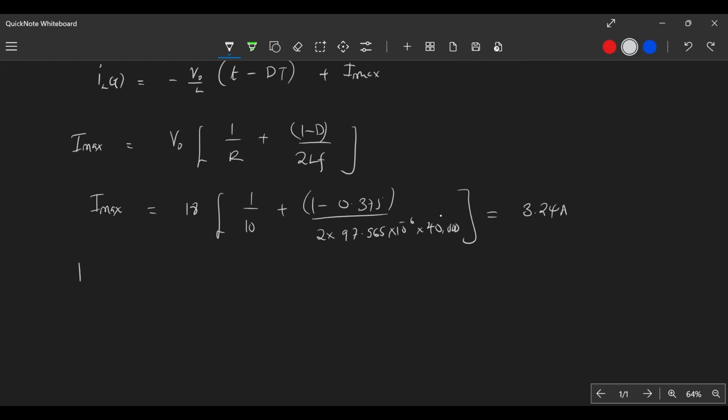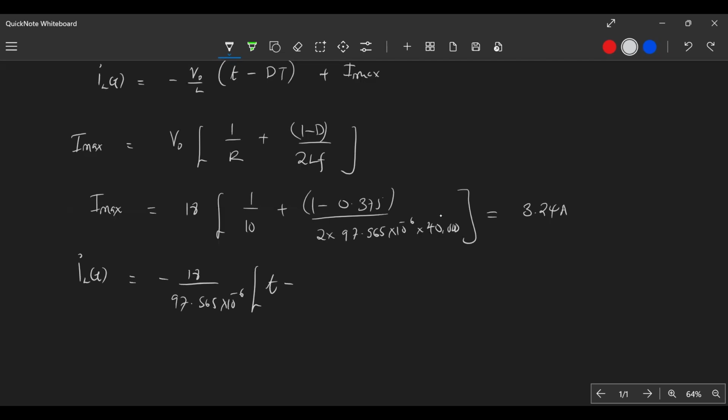IL of t is equal to negative V output, 18, divided by the inductance, 97.565 times 10 to the power negative 6, since it is micro, right, times (t minus D times T).